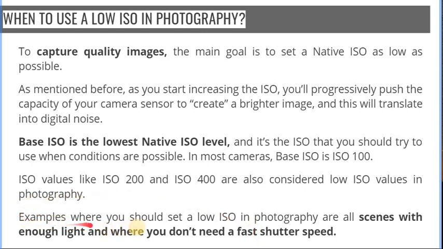Examples where you should set a low ISO. Dun sa video kasi, pinakita natin na kapag mas mababa ang ISO, kailangan mas mabilis ang ating shutter speed. Baligtad sila. So, ang tinatanong ko sa inyo, ma'am, applicable din ba yung kabaligtaran ng ISO at saka shutter speed when it comes to night photography or when there is not enough light?